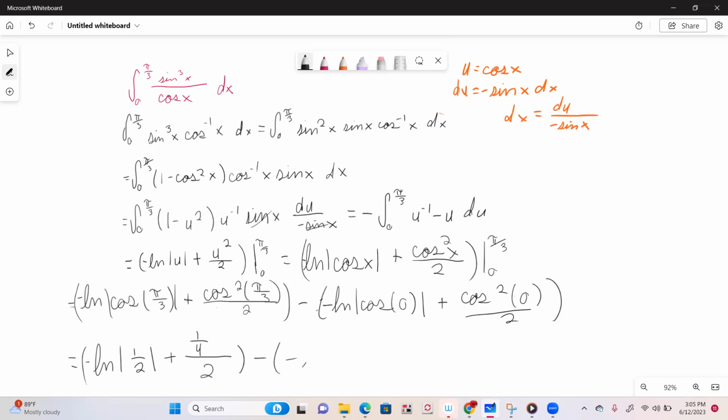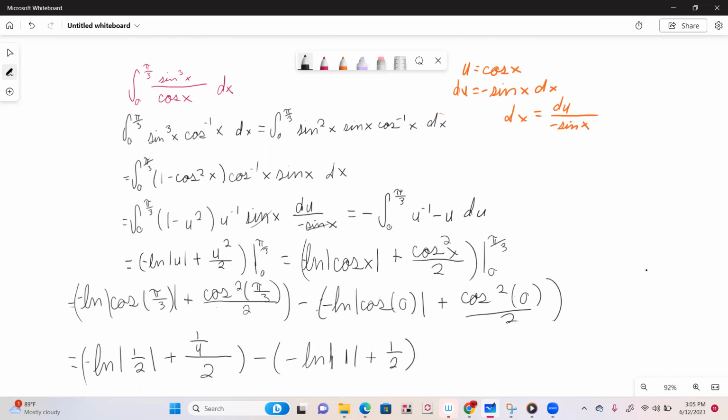Minus negative ln of cosine of 0, and cosine of 0 is going to be 1. Plus, and then this is 1 again. 1 squared is 1, and then over 2, so that's going to be 1/2.